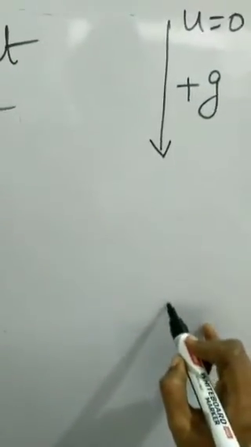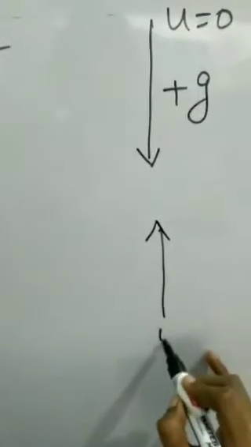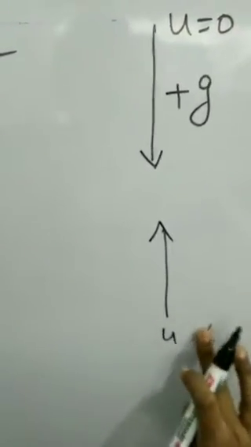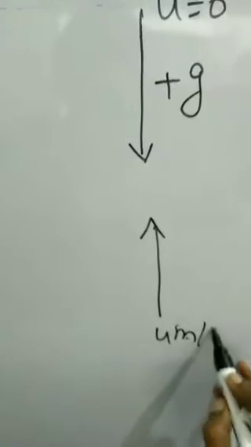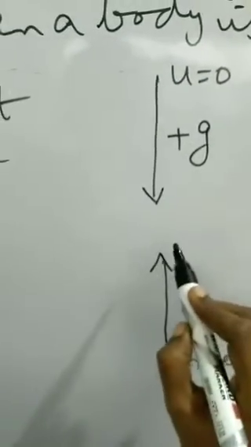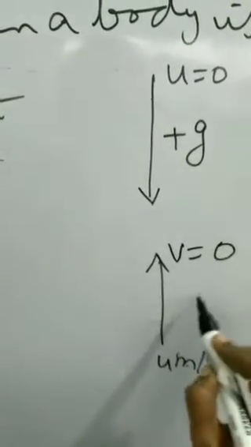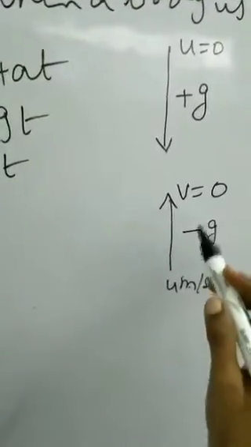Similarly, if the same body is thrown up with some initial velocity u meters per second, after reaching a certain height, v value will become 0 and it goes with a negative acceleration because it is going against the acceleration due to gravity. So it is going against the earth. So v is equal to 0 and a is minus g.